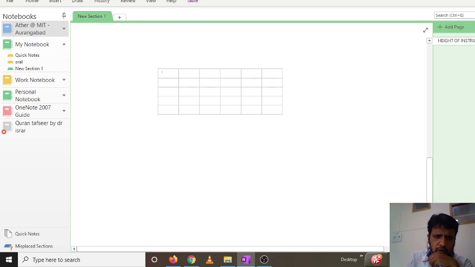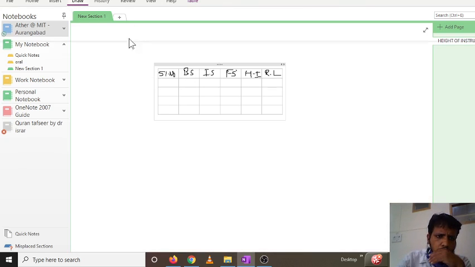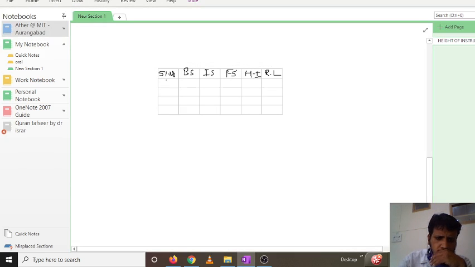This is your serial number, backsight, intermediate sight, then foresight. This is your HI. This is your RL. So this is the first, second, third, fourth point.